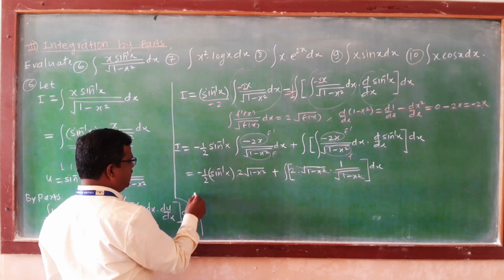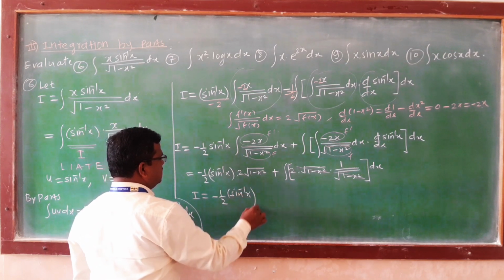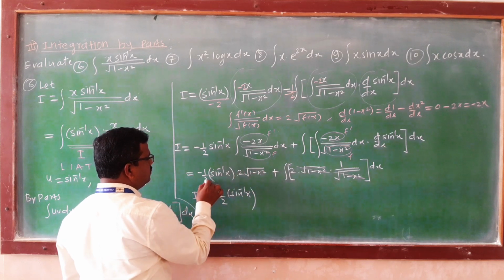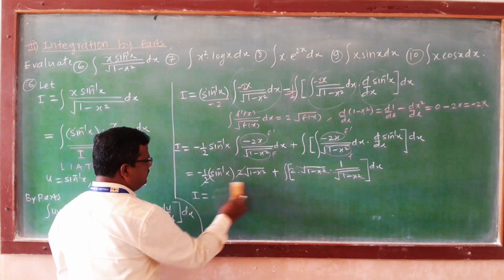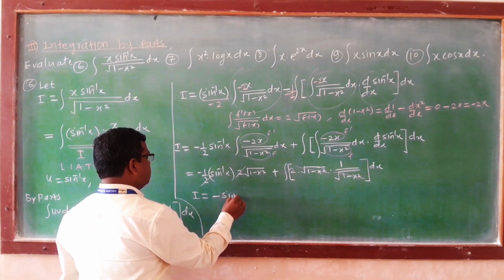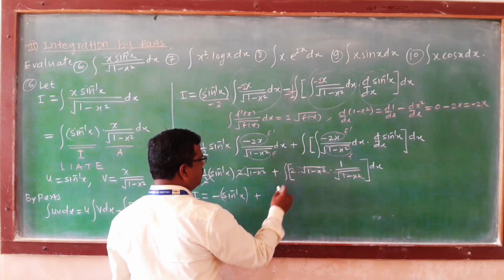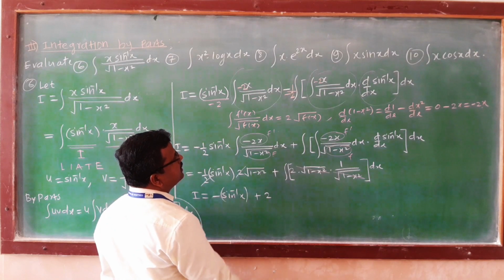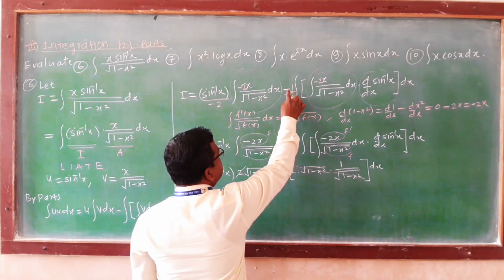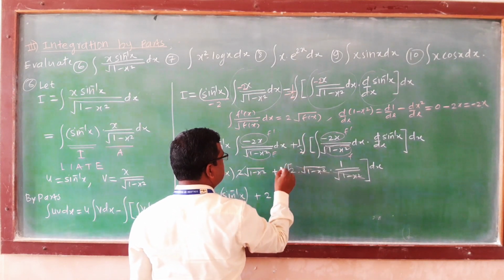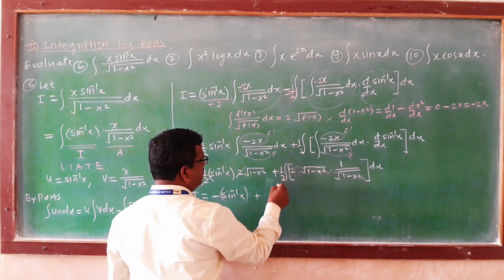Therefore I is equal to minus half sin inverse x. Here also 2 will get cancelled, so only minus sin inverse x plus, take this 2 outside, carry this minus 1 upon 2 here, minus plus this will be 1 upon 2, and here also this 2 will get cancelled.